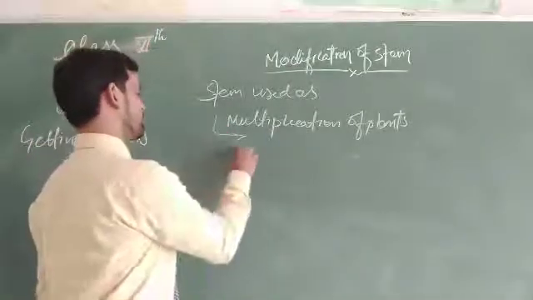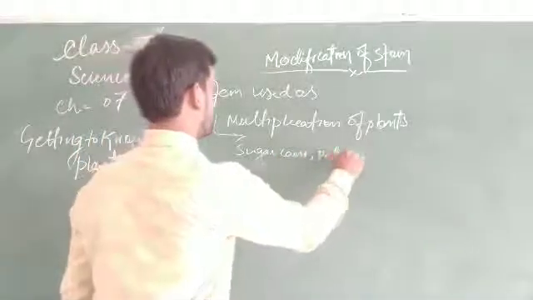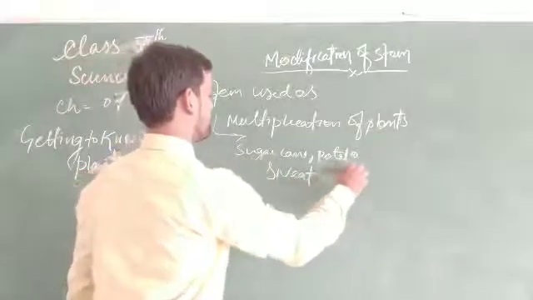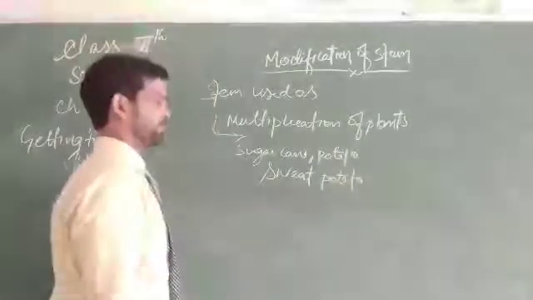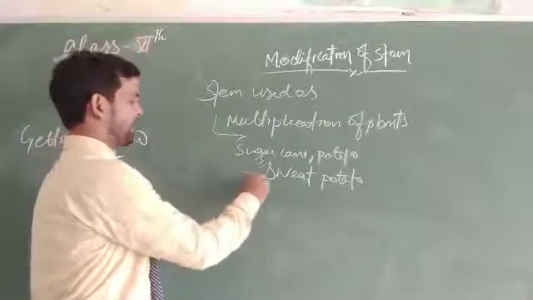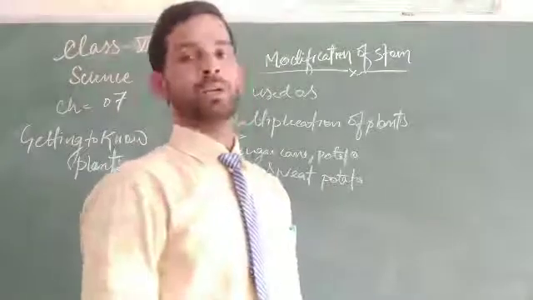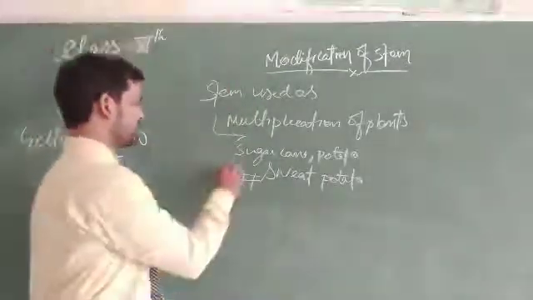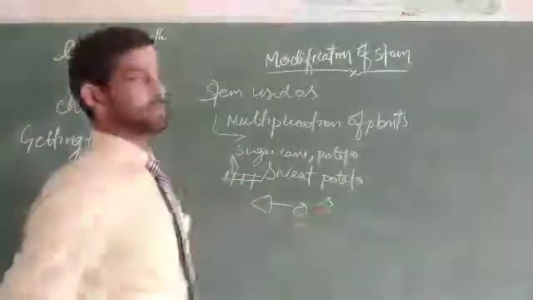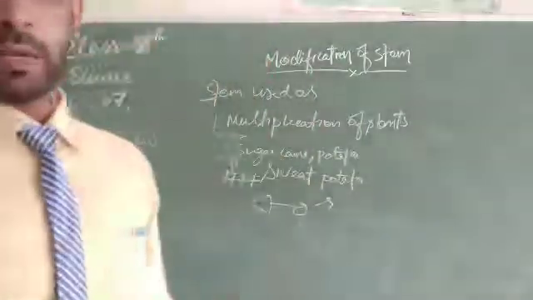You can see sugarcane, potato, sweet potato. These can be cut into many pieces, and each piece can grow a new plant. So this can also be used for multiplication of plants.